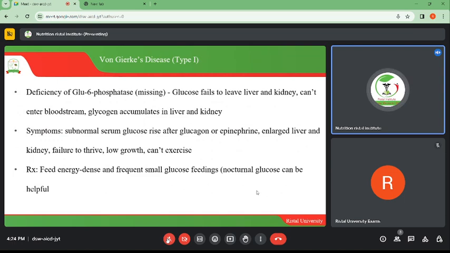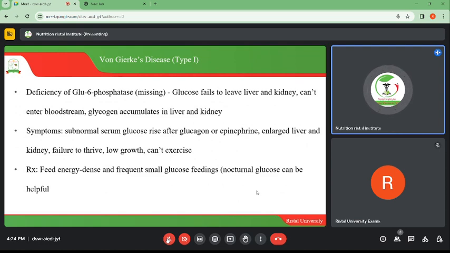To start with type 1, von Gierke disease, this is the deficiency of glucose 6-phosphatase, meaning this enzyme is missing in your body or is in very minute amounts that cannot perform its function as expected. In this case, the glucose will fail to leave the liver and kidney, so it can't enter back into the bloodstream.